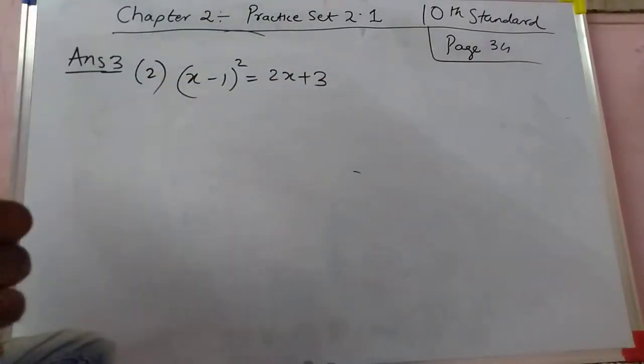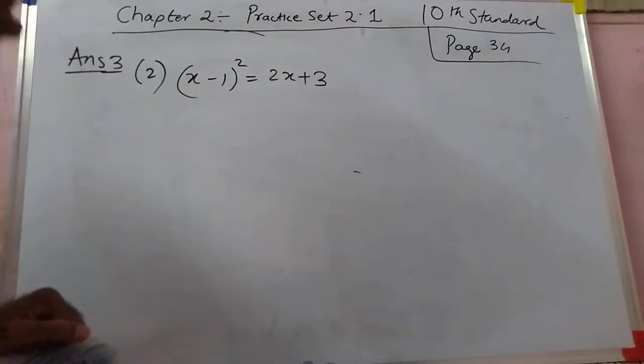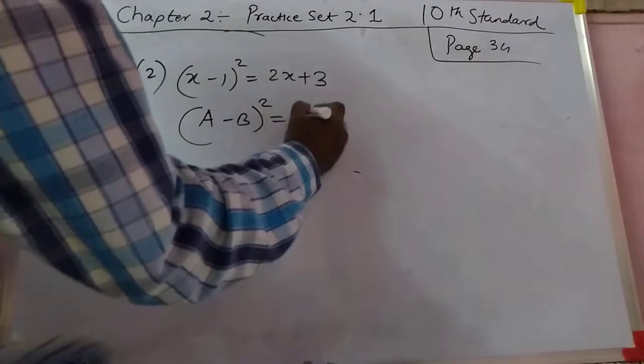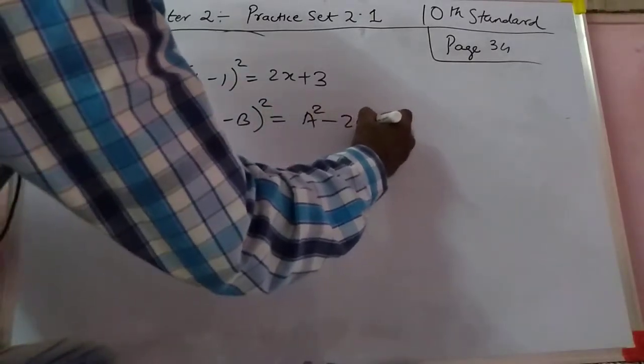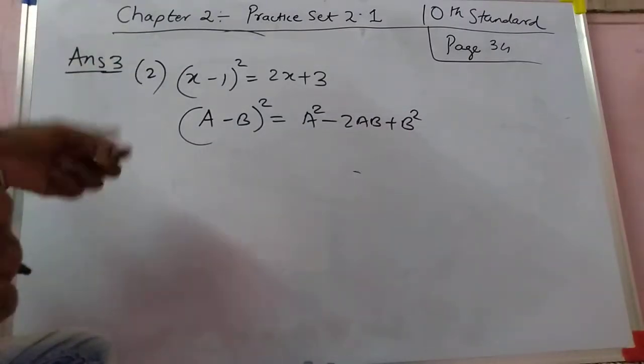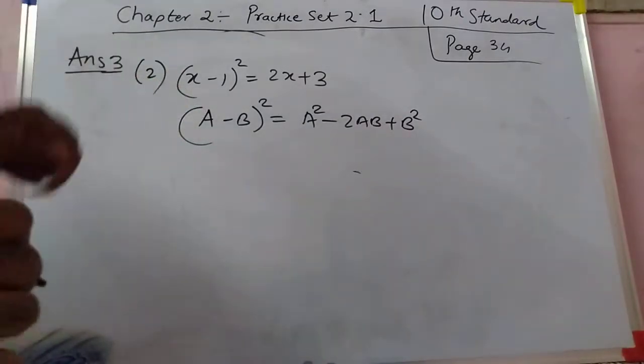Okay, I think expansion आता है आपको, but still I will teach. Formula ऐसा होगा a minus b the whole square is equal to a square minus 2ab plus b square. तो इसको expand करना पड़ेगा हमको first.